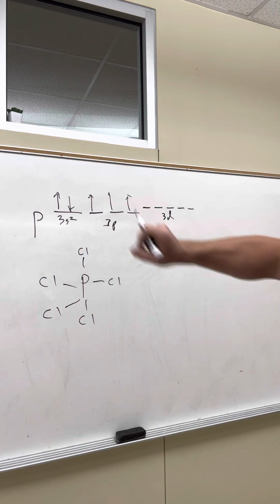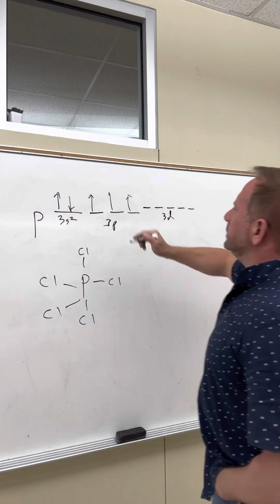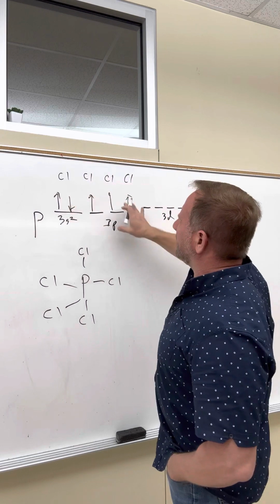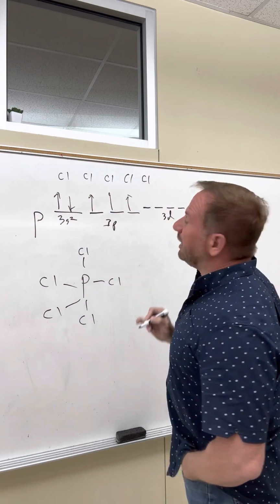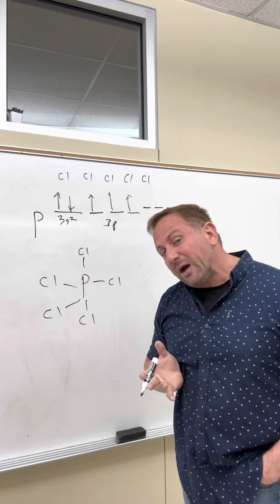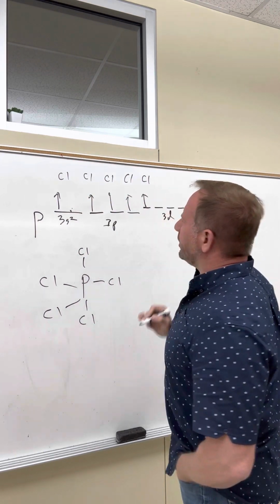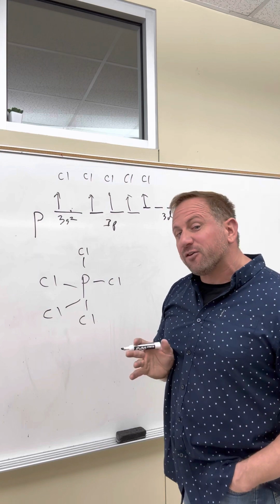Well, we look back up here and we go, chlorine, chlorine, chlorine, chlorine. Oh, well, I could put a chlorine here. And then what could I do? I could take this electron and put it here. There's space for it.